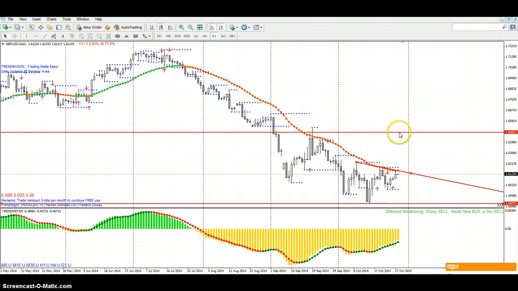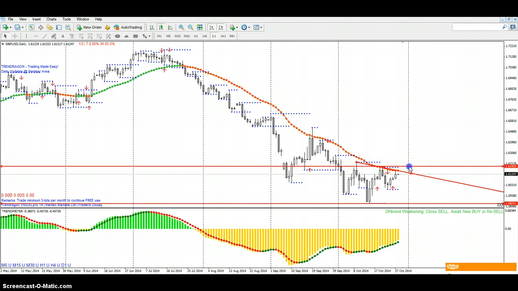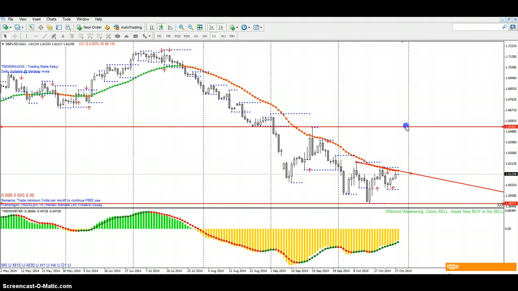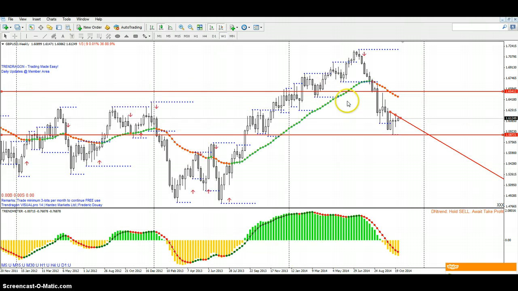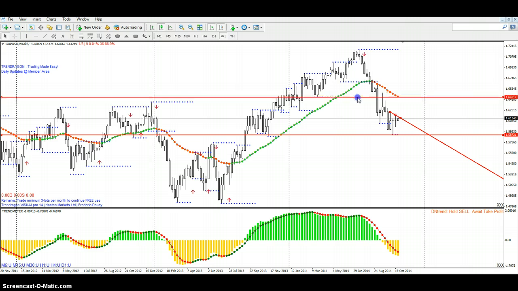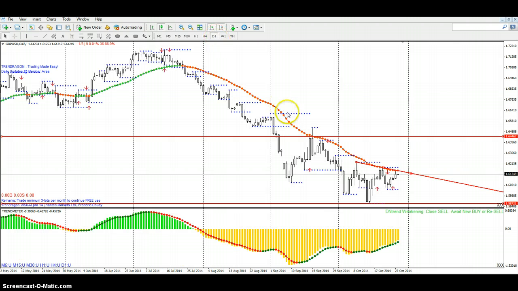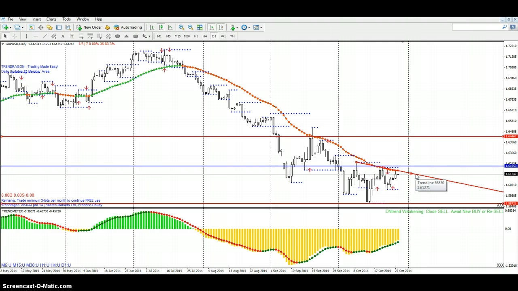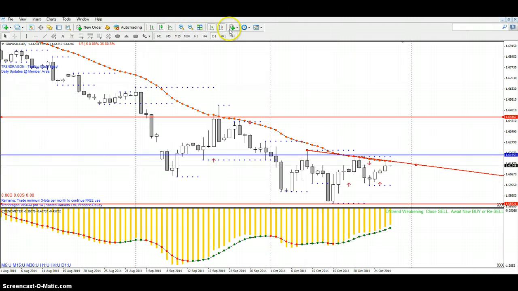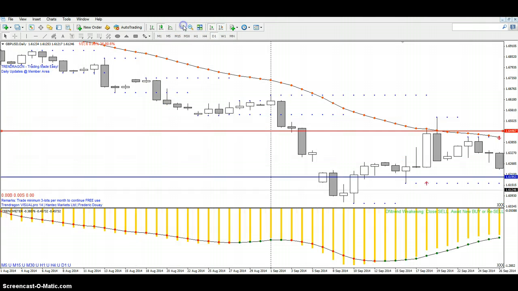If the currency breaks this level, let's put it back normally, maybe a bit better. Okay, so if the currency breaks, let's say, this level here, which is 61.95, maybe I'll make it closer so people can see better.